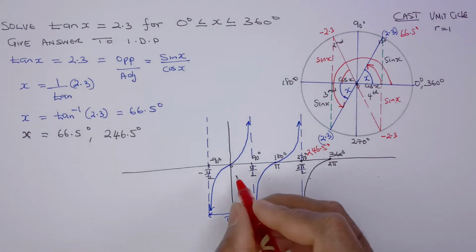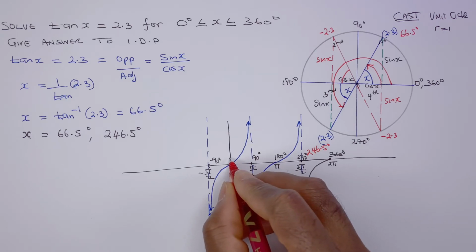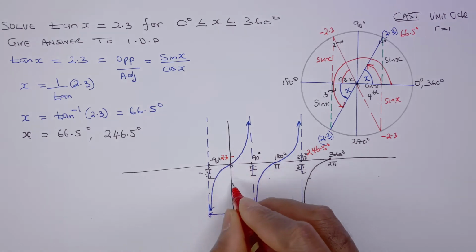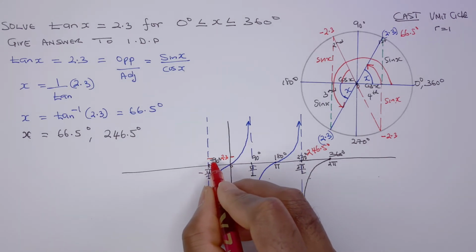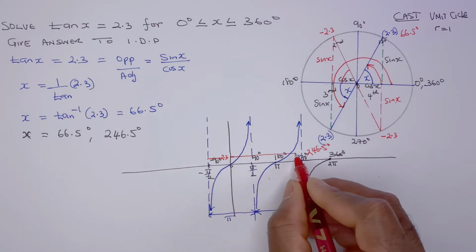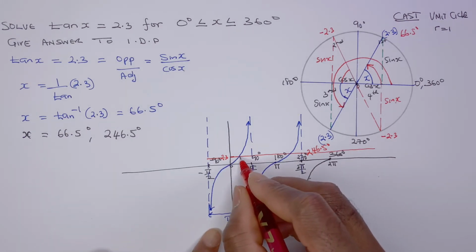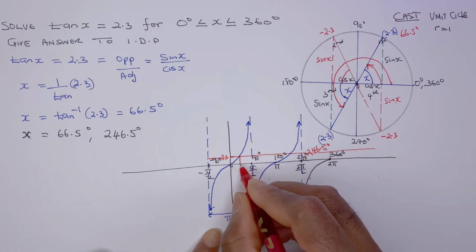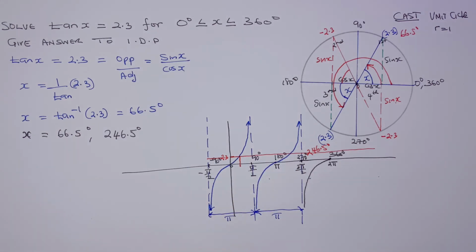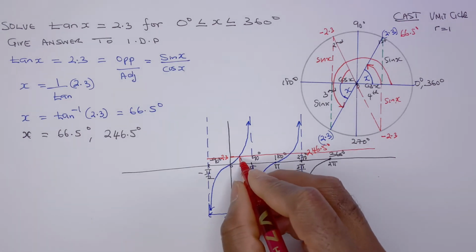But we're looking for plus 2.3, so this line is 2.3, and if we draw a straight line all the way across, that straight line will cut here, right? So that's where it cuts, and that point here should be the first angle we're looking for.